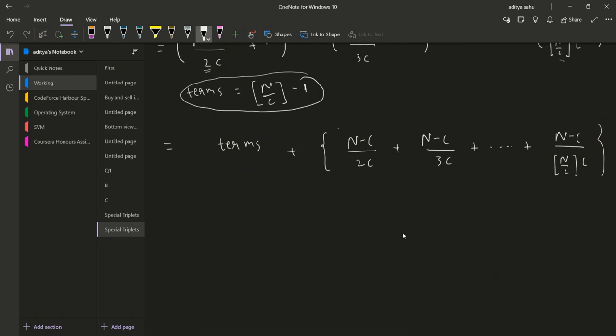Now for a given value of c, I can determine this series. All I need to do is calculate this series sum. Now note, this is something special here. You cannot evaluate this expression in order one time because you need to sum up all these series terms, and this series sum cannot be done in order one time.